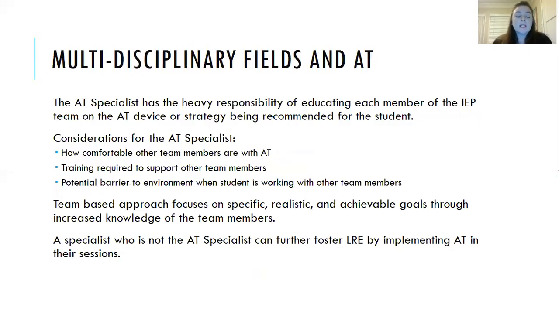So as the AT specialist, there's a really heavy responsibility placed on that person to educate all the members on the IEP team, in addition to a lot of the teachers, because we're really trying to practice that RTI. So it's important that other educators in the schools know what to look out for and possible intervention strategies.